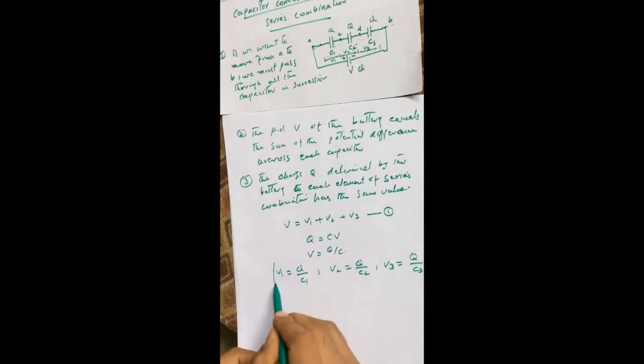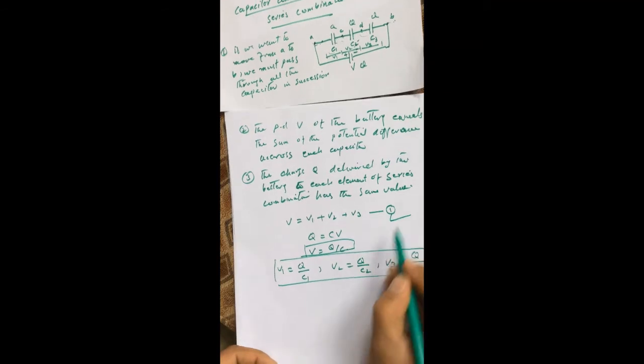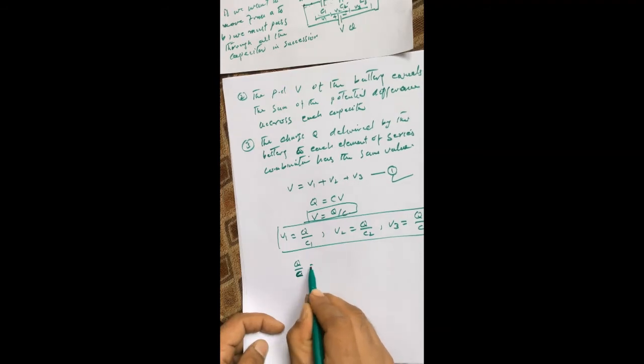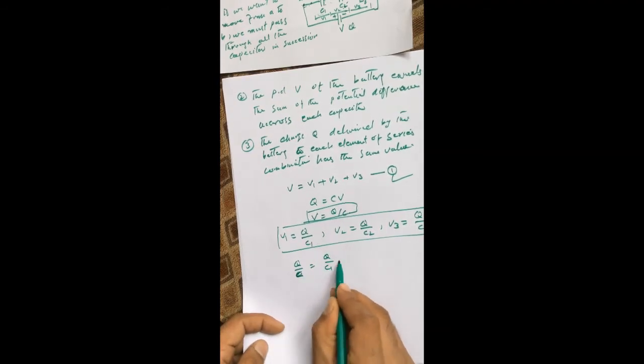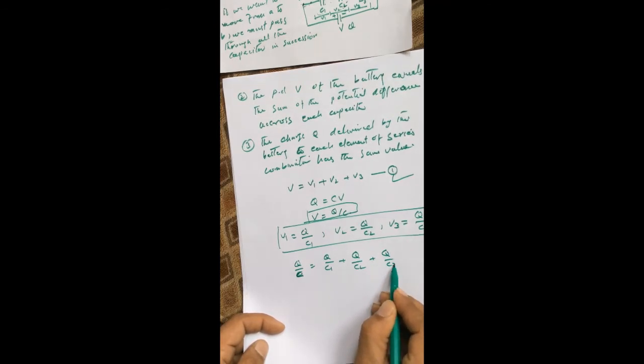Now using all these values in equation 1, we get Q over C is equal to Q over C1 plus Q over C2 plus Q over C3.